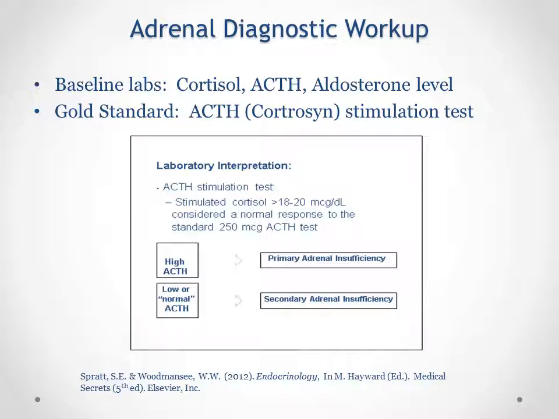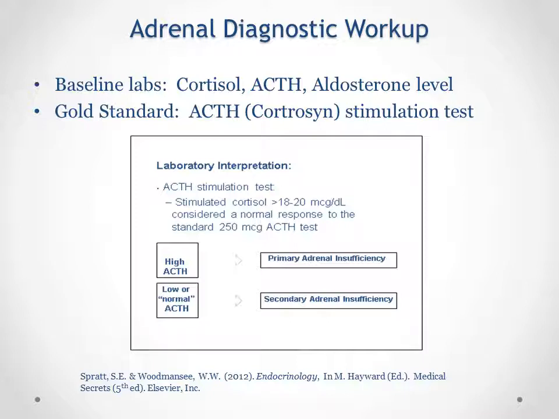Usually a stimulated cortisol of greater than 18 to 20 micrograms per dL is considered a normal response when given the standard 250 micrograms ACTH test. A high ACTH would indicate the primary adrenal insufficiency, and a low or normal ACTH would show secondary adrenal insufficiency.